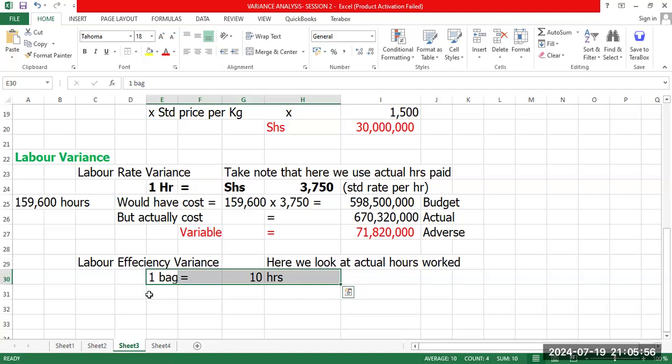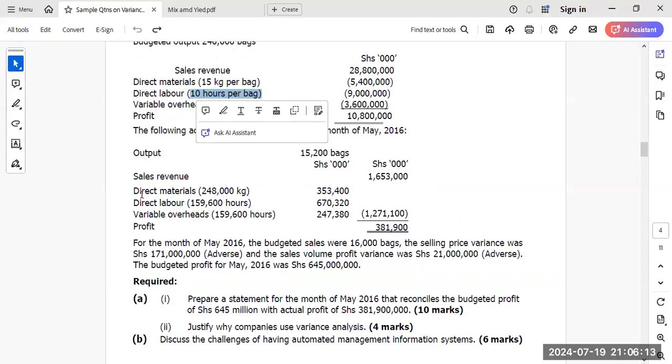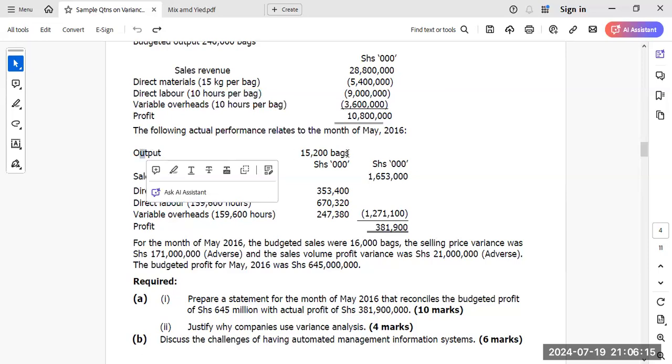Now ask yourselves, how many bags were actually produced? You go to actual information, you pick the actual output, which is this one.